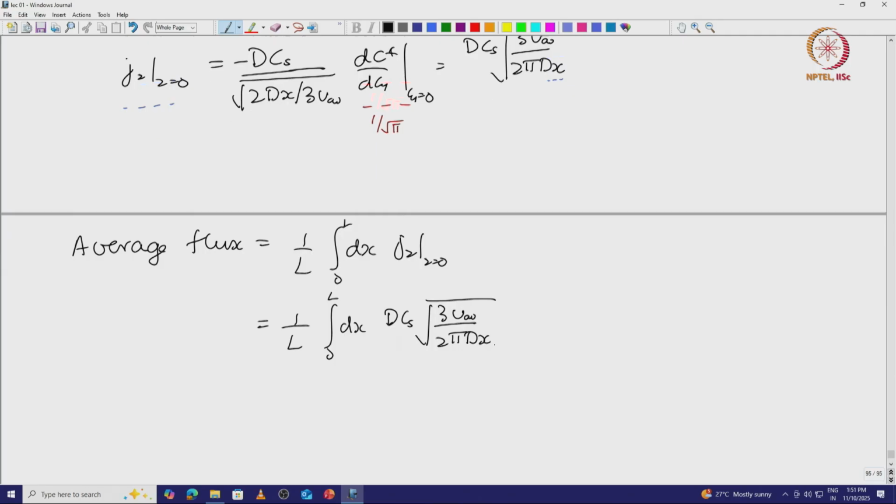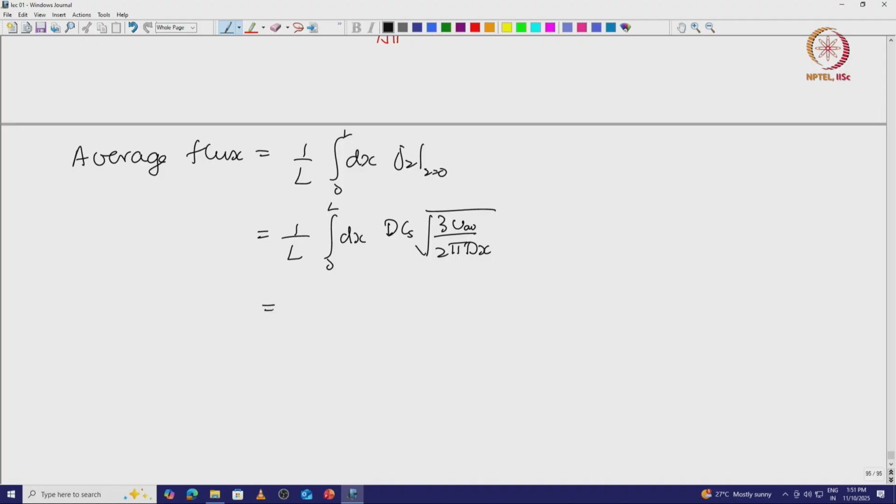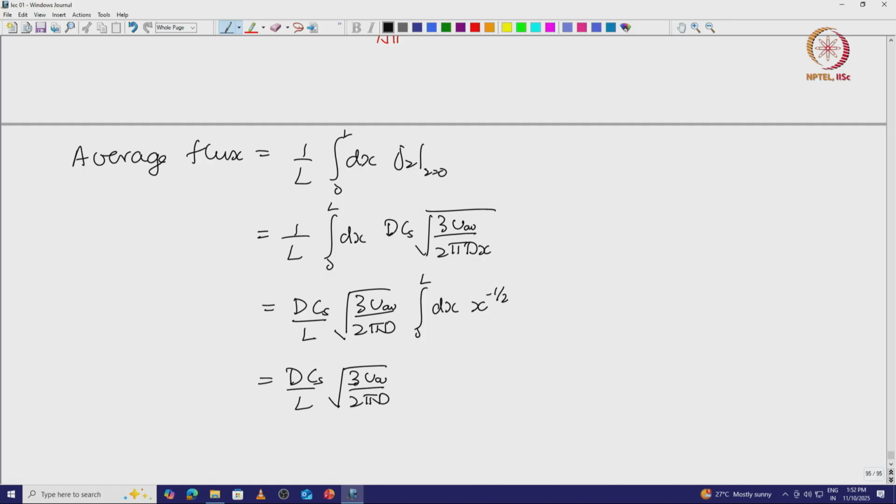So, this becomes x power minus half. So, this is d C s by L into 2 into L power half. X power minus half becomes x power half by half.